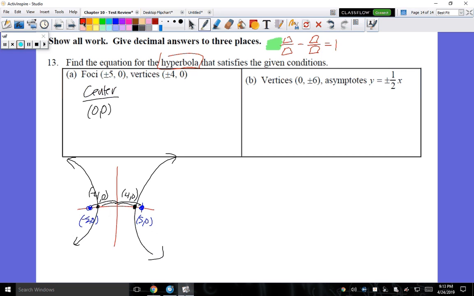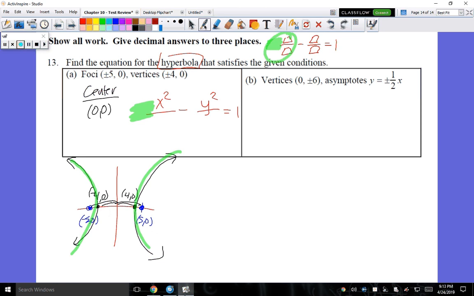Because it's not shifting left or right, we're just going to say x squared minus y squared, and we're going to set it equal to 1. The reason why x squared is listed first is because it is positive for the x, because it's looking left and right. Order matters. Whichever one is positive, that's the one it's going to be facing toward.